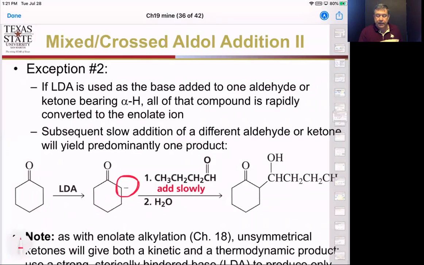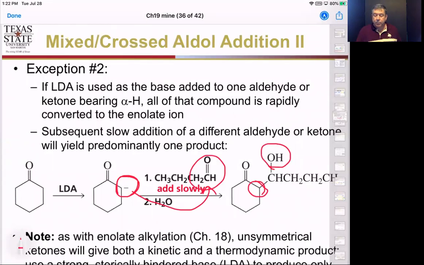By slowly adding this, it slowly reacts with the aldehyde or ketone you add to it to give a selective product. Again, the one you added first is going to give your enolate and will always have the carbonyl compound on it. The second one you add is the one that's attacked and will always have the OH on it.